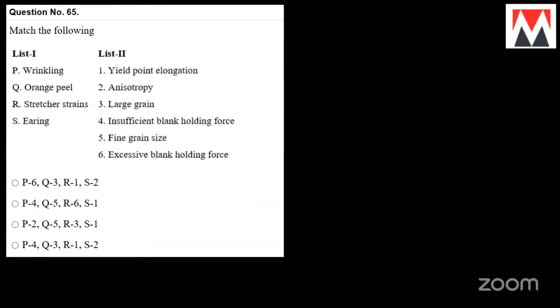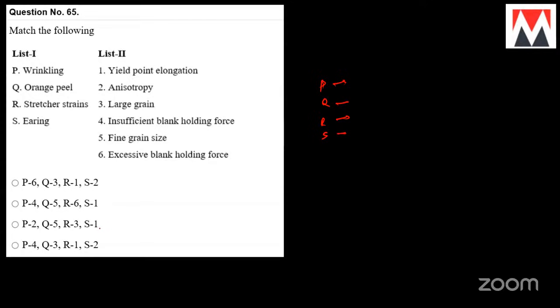So wrinkling is a defect, PQRS. Wrinkling is a defect which is for what? Wrinkling is because of insufficient blank die forcing. Then earring is a defect which is because of what?